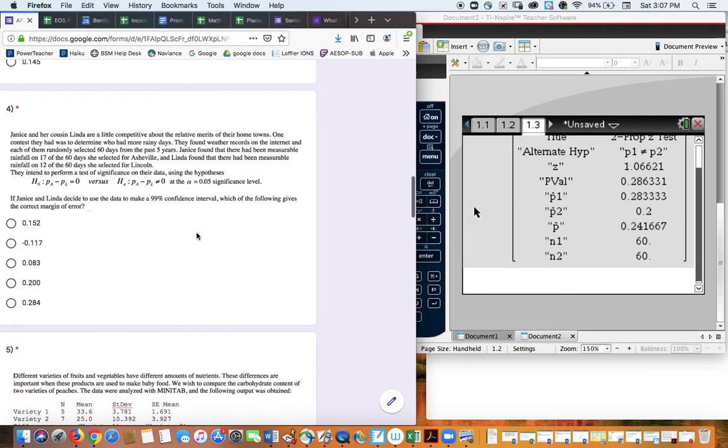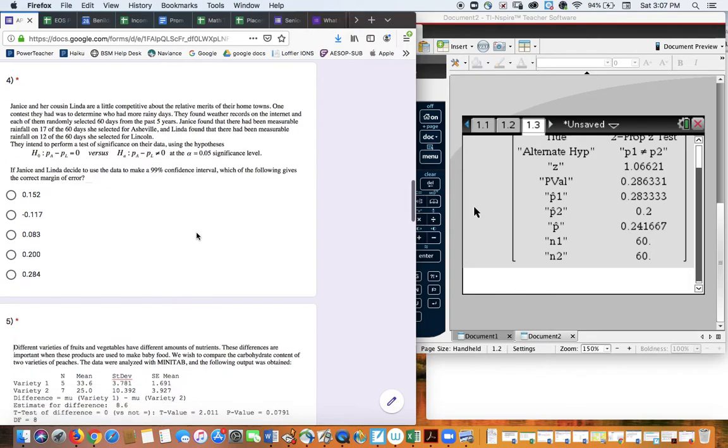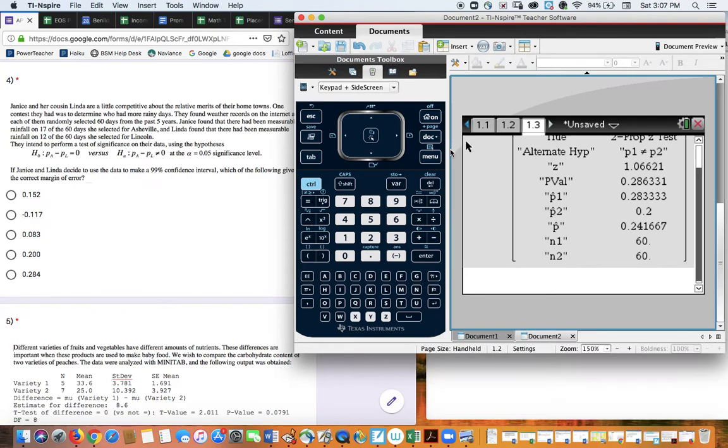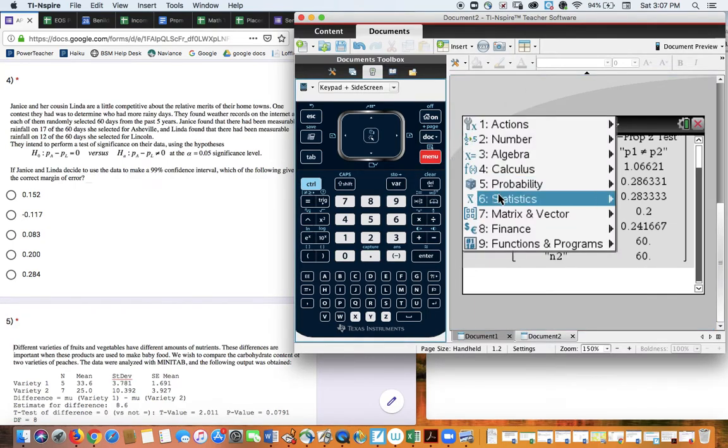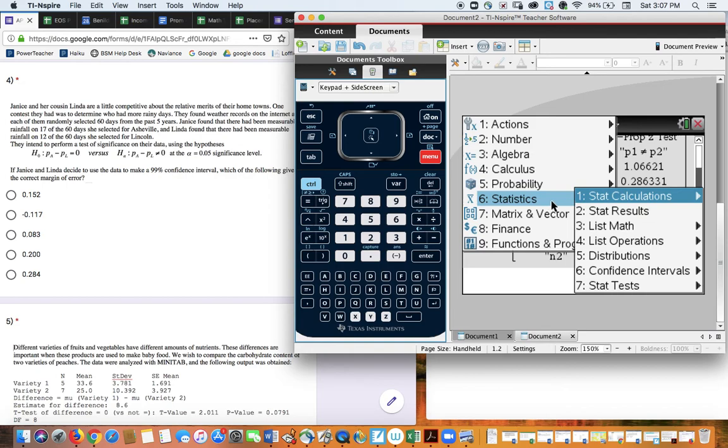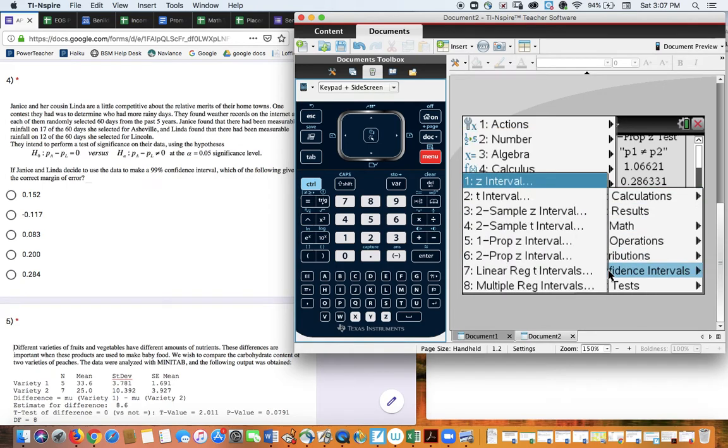Number 4, we're going to do a 99% confidence interval, and we're looking for the margin of error. So I'm going to go back to my calculator and do menu, statistics, but this time it is a confidence interval. So go to number 6, and then this would be a 2 proportion z interval. Again, we have a proportion for Asheville and a proportion for Lincoln, and z goes with proportion problems.